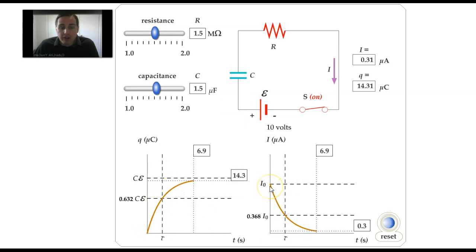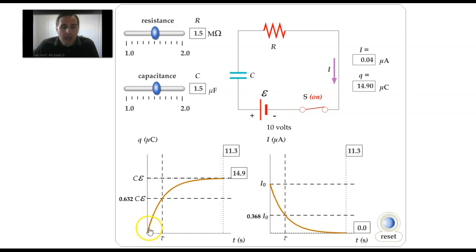That's because the current is very high, but over time the current exponentially decays, and the charge on the capacitor approaches capacitance times the voltage, that is the EMF of the battery. And notice that that's going to be the asymptote, that's going to be the maximum charge.